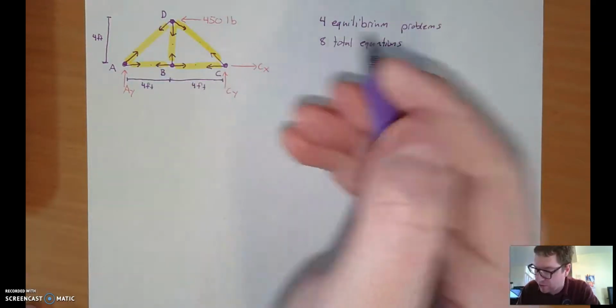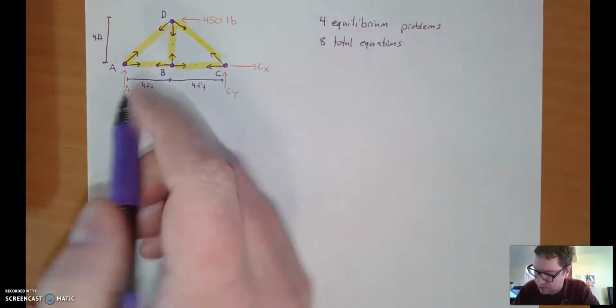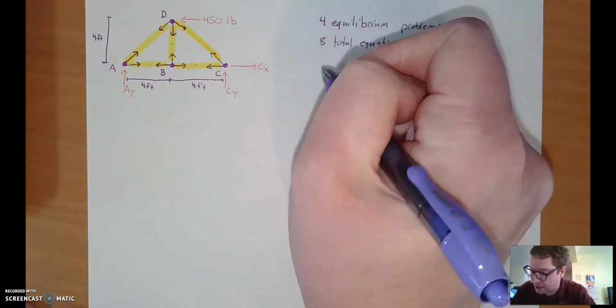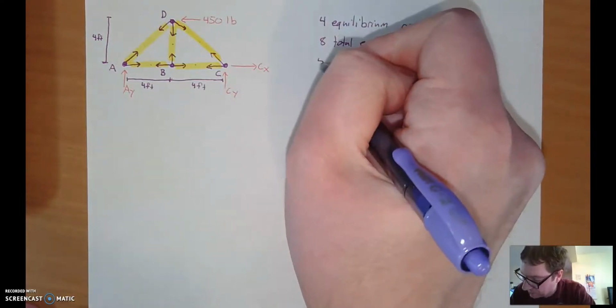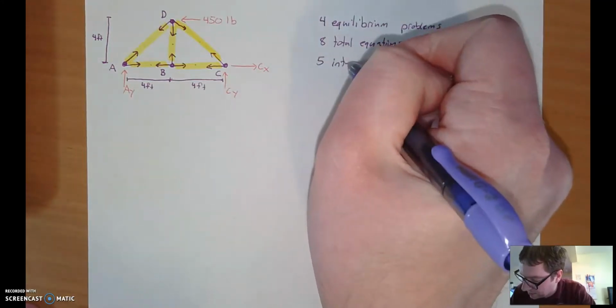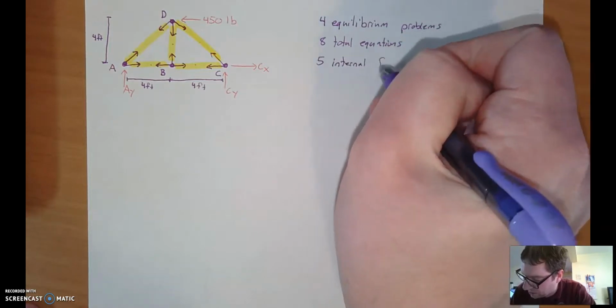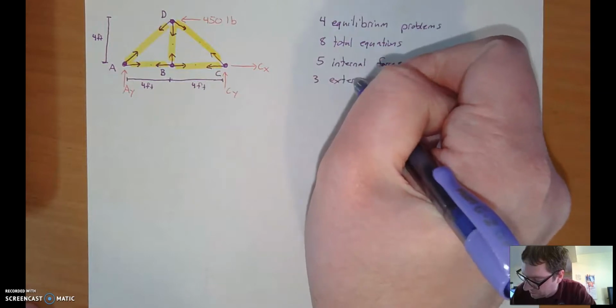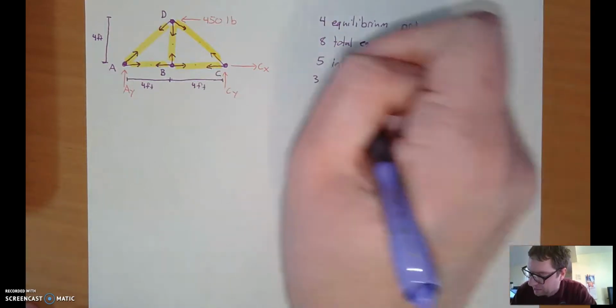There are 5 unknowns in this problem, plus 1, 2, 3 external ones. Sorry about the lag on the camera there. So 5 internal forces and 3 external. So we only need to find the internal forces.